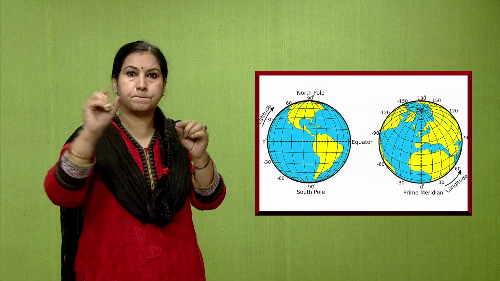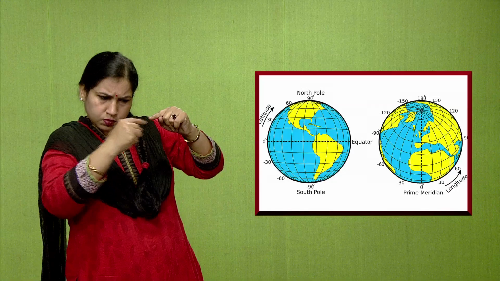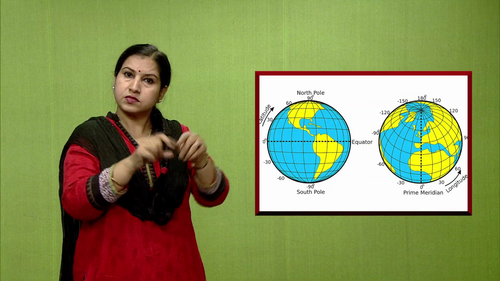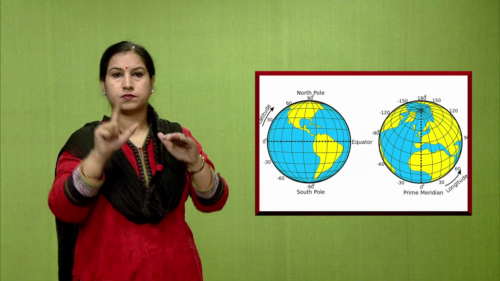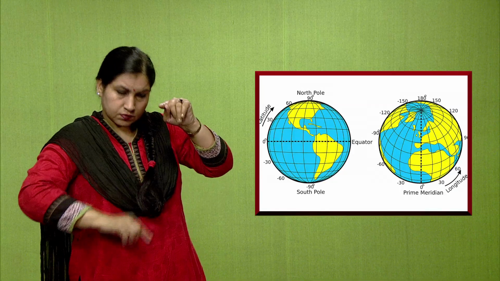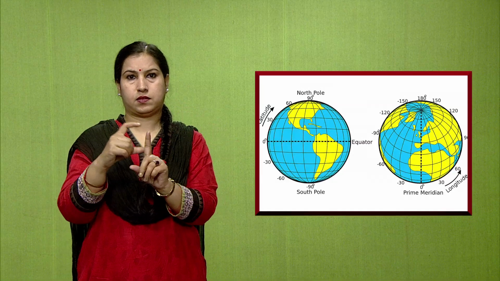Similarly, the nearest latitude south of the equator will be 5 degrees south latitude, while the farthest will be 90 degrees south latitude, that is, the South Pole.